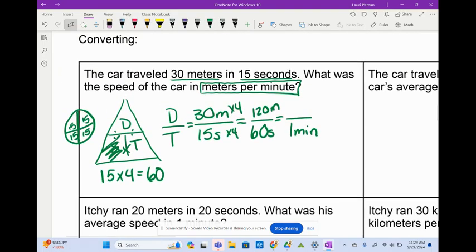And because 60 seconds is the same thing as 1 minute, we don't have to do anything to change it into a minute. We can just rewrite it.